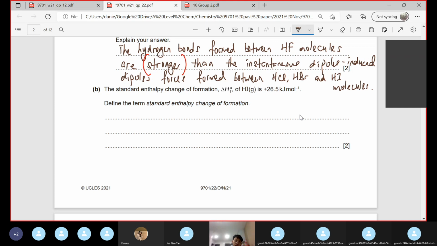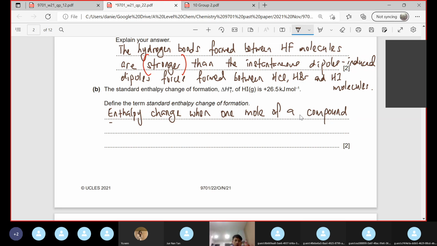So it is the energy change or enthalpy change, up to you. Usually I will write down enthalpy change when one mole of a compound is formed.